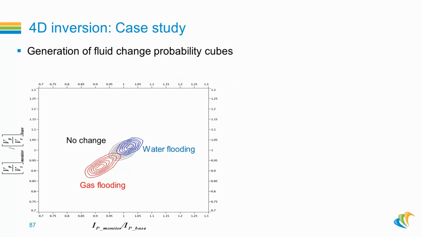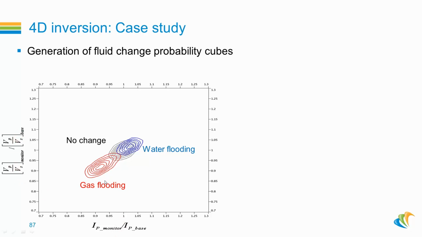Another case study is the generation of the fluid changes probability cubes. So we are talking about, again, inverting separately and interpreting the results. So we have IP, or acoustic impedance of the monitor over acoustic impedance of the base, and VPVS base to VPVS monitor.